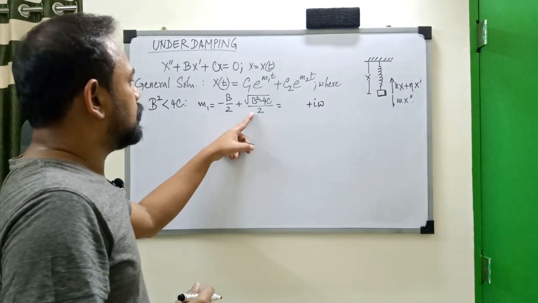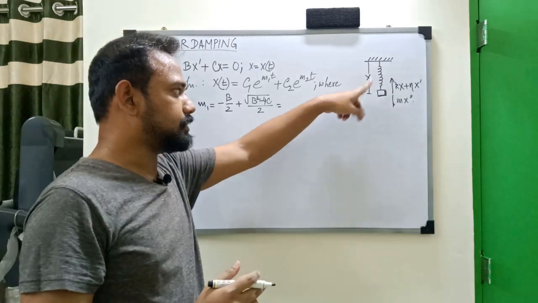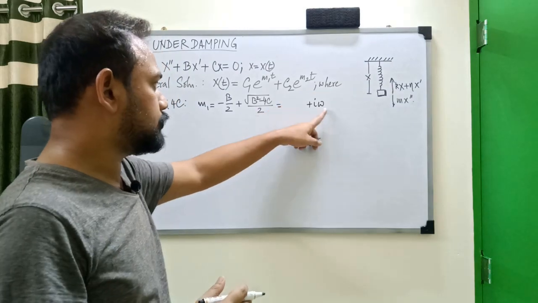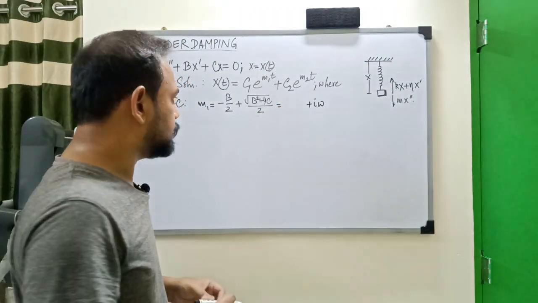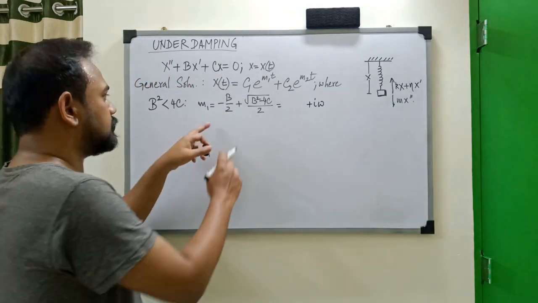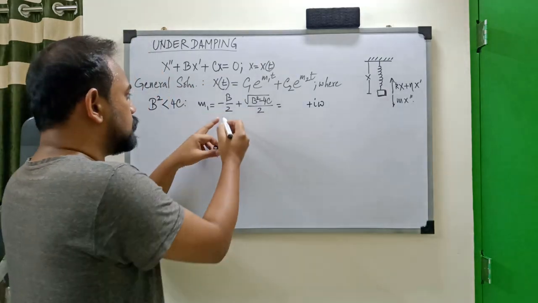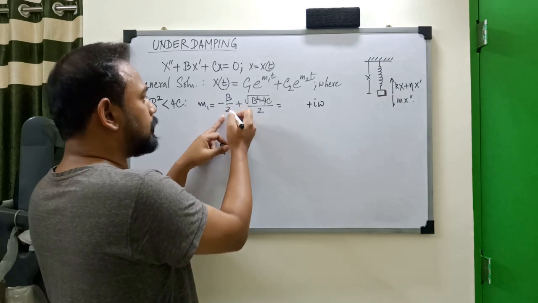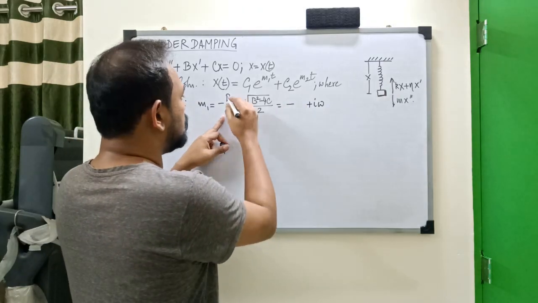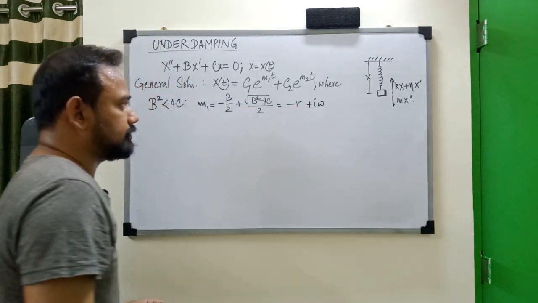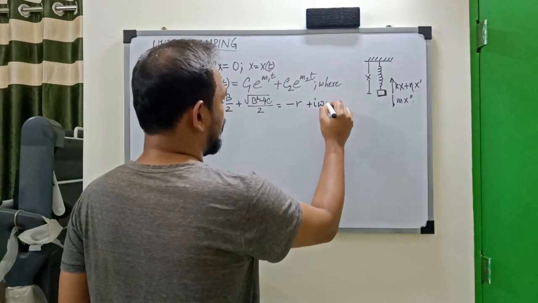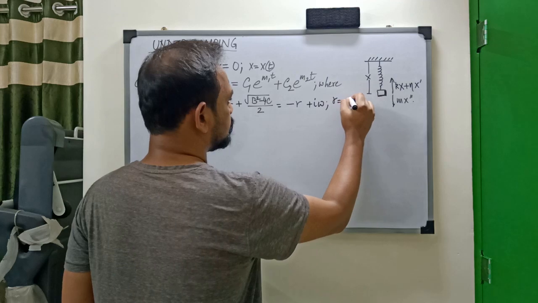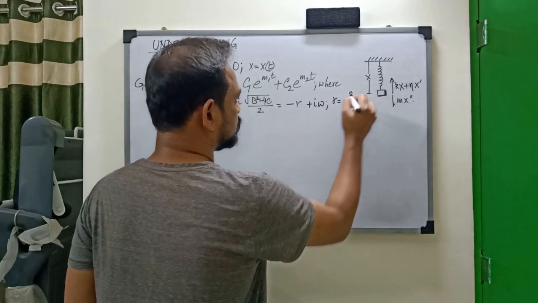Omega will turn out to be the frequency with which this body oscillates, and you all know that omega is the notation used for frequency. Just to simplify our notation, I don't want to keep writing b by 2 all the time, so I'm going to call b by 2 as r. So r is b by 2.